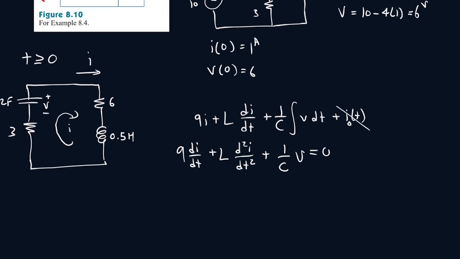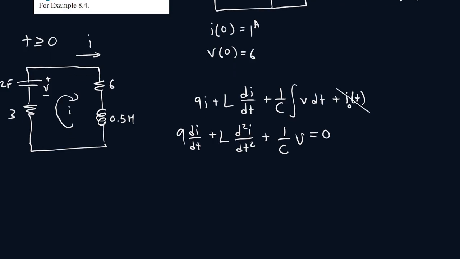And all of this is equal to 0. Now I'm going to rearrange this. I'm going to divide everything by L to get this part alone. Okay. Wait, sorry, not 9C, sorry, LC.